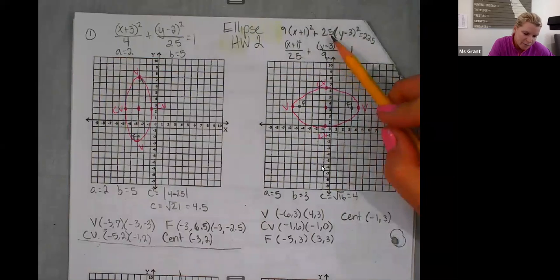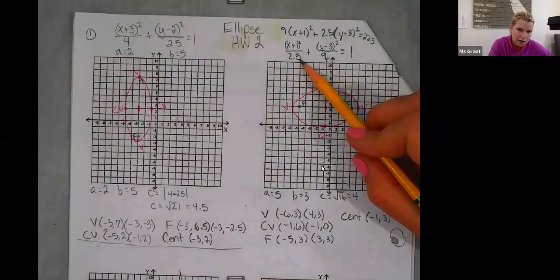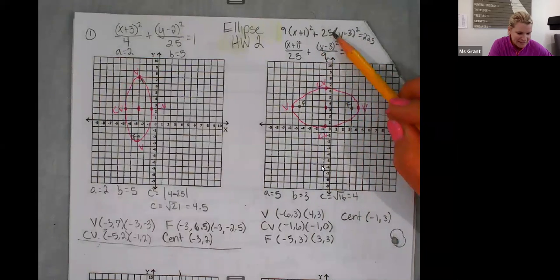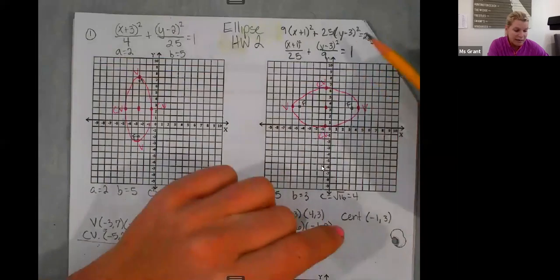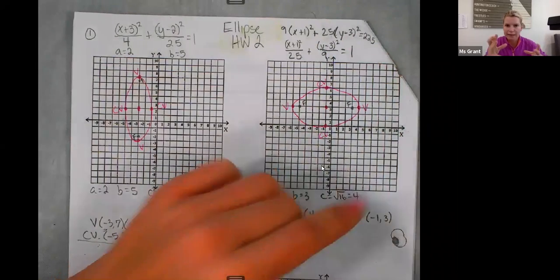The 25, which was with the y, became the denominator of the x squared, because 25 divided by 225 is 9. So the numbers switch places. Did you know that 9 times 25 is 225? It's all related.